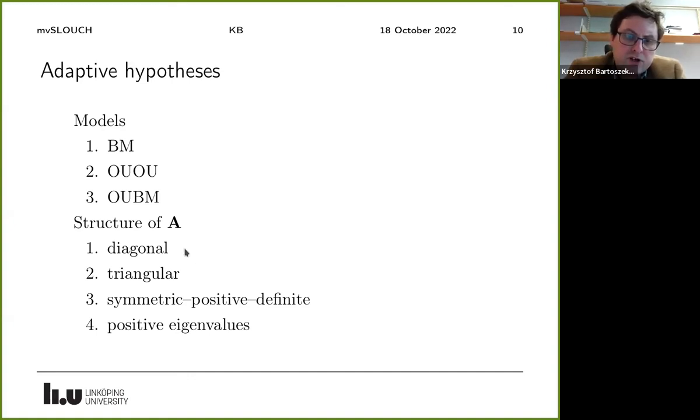For example, does the data support a diagonal A better, or a triangular, or a symmetric positive definite A, or a general non-sparse A that we assume has positive real part eigenvalues, so that we have convergence to stationarity? We want to distinguish between these sorts of hypotheses.